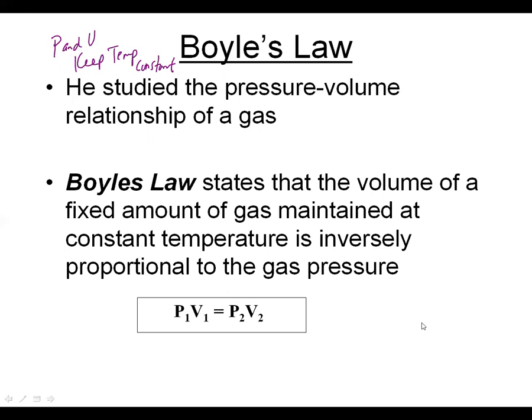And when we look at it here, P is pressure. This is sort of a before and after type of deal. So P here is pressure. And in terms of the units, it can be any units, as long as they're the same.